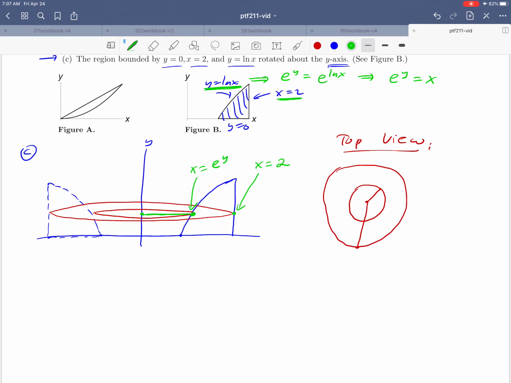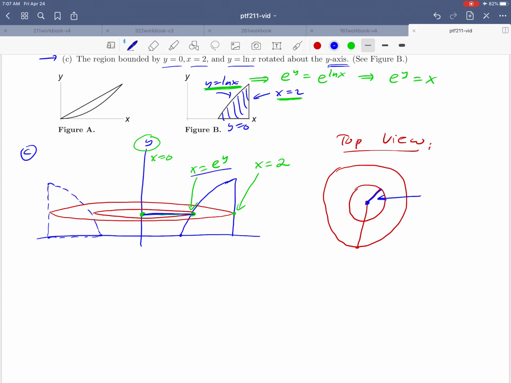And by the way, right on the y-axis, at this point, we're at x equals 0. So we might just notice that. Let's go back to our top view picture and see if we can measure these two radii, starting with the inner radius. That's the horizontal distance from the y-axis over to the curve x equals e to the y.